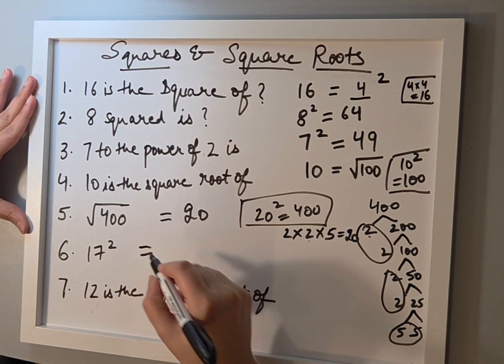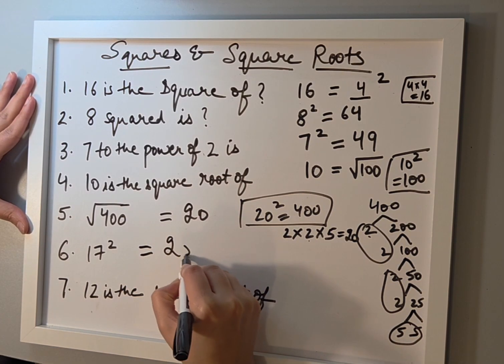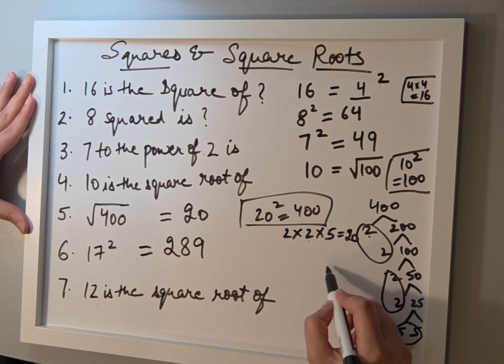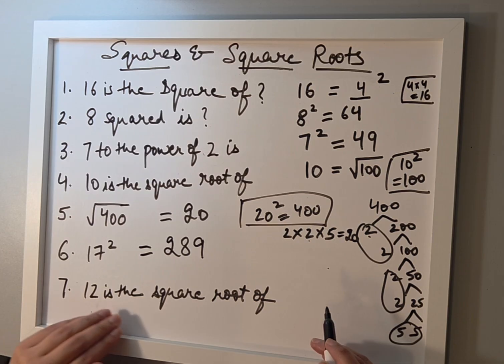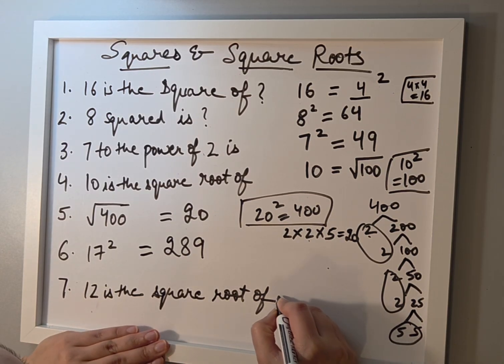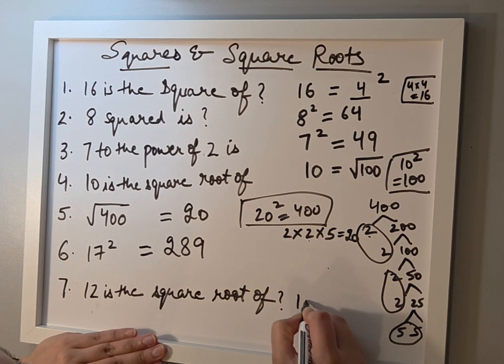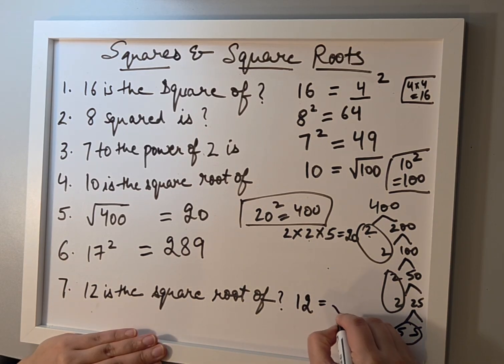So the next question is 17 squared. So we can just directly multiply 17 into 17 and it will give us 289. And the next question is 12 is the square root of. So the square root of a number is 12. It's already given to us.